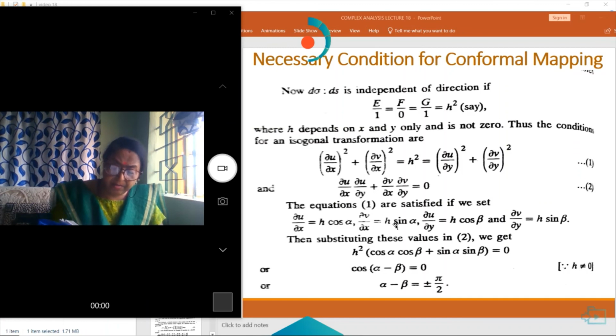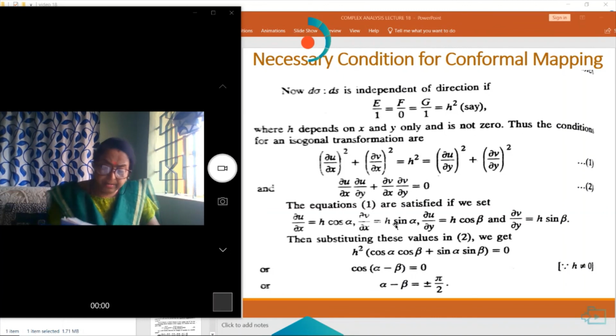Similarly, del v by del x can be written, and so on. After calculating and substituting these values, we get del u by del x is equal to del v by del y, and del v by del x is equal to minus del u by del y.